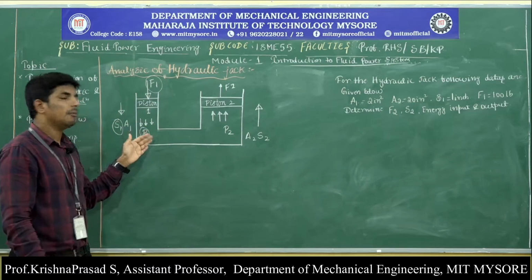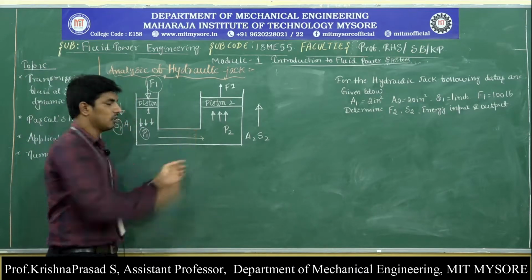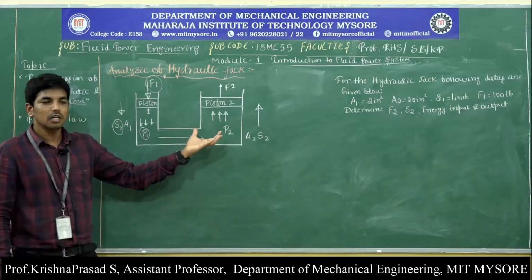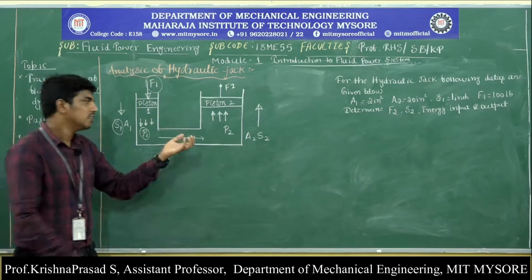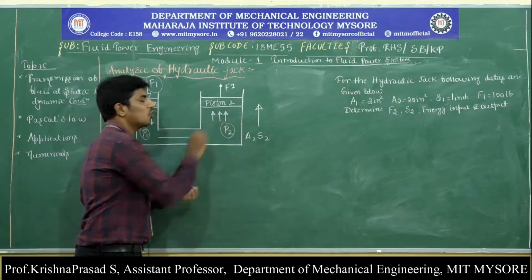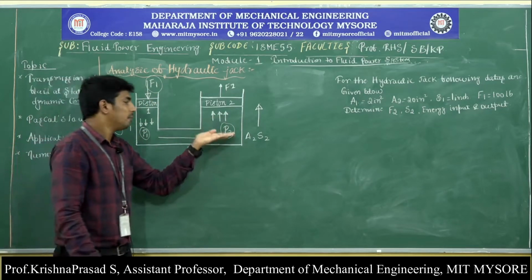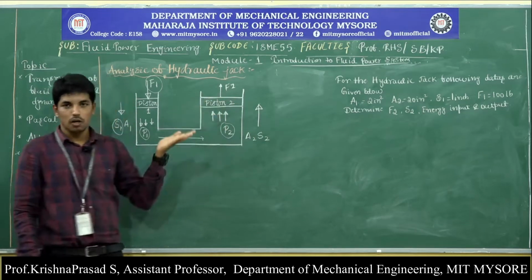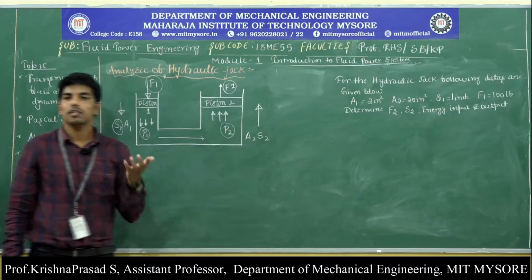Once it has travelled to the bottom, this pressure is transferred to the large diameter cylinder, which has an area A2. Hence the pressure P2 is going to develop. This pressure P2 exerts pressure on piston 2, hence the force F2 is going to develop.